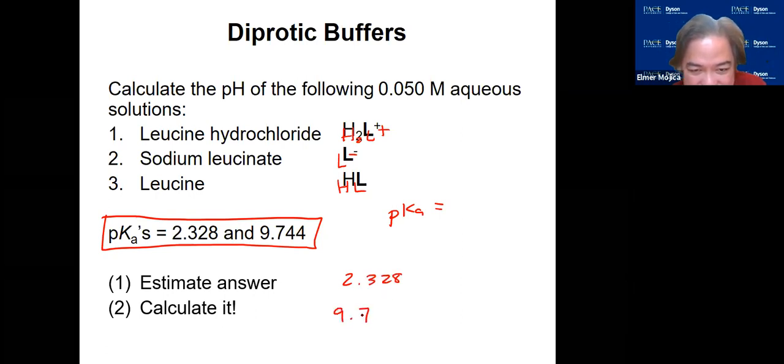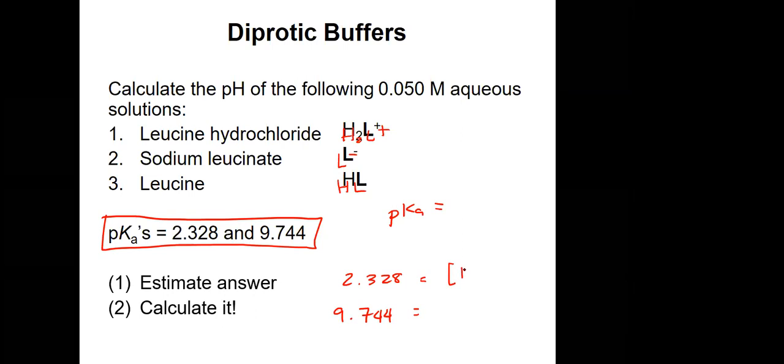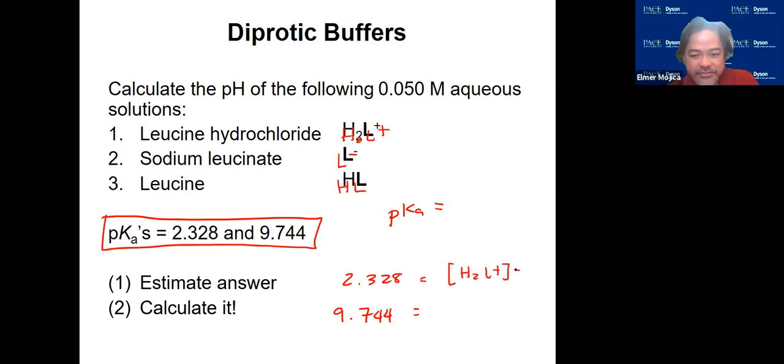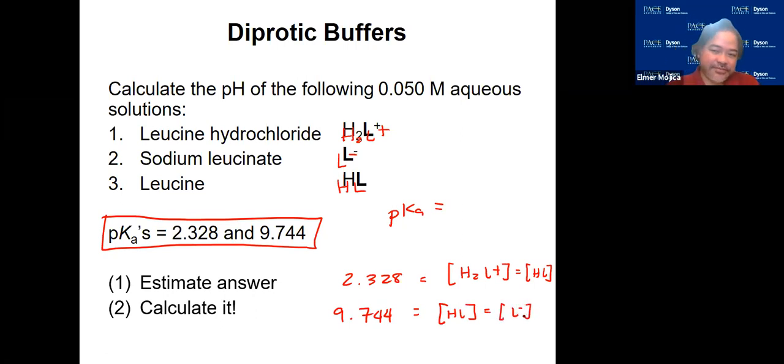And at pH 9.744, what does this mean? At pKa1, it means that there's the same concentration of H2L plus with HL. And at pKa2, there's the same concentration of HL with L minus. Remember, Henderson-Hasselbalch, you have it like this.